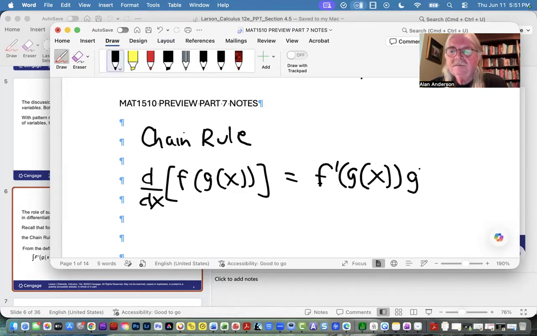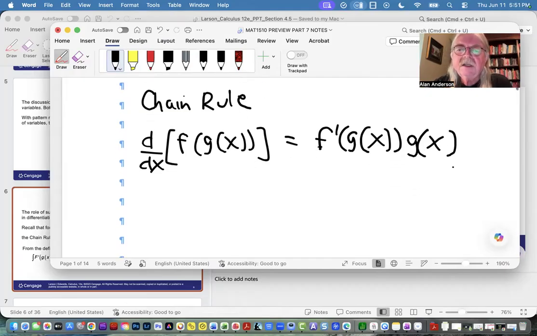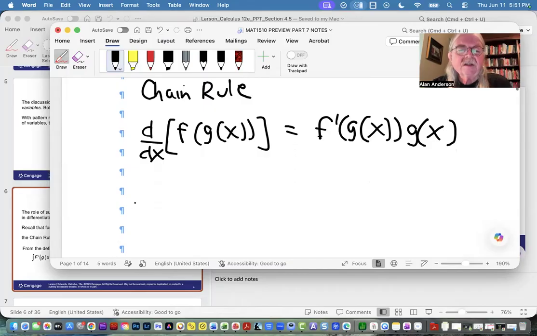The first thing I want to do, though, is quickly review what composite functions are all about. If you see something like this, it means that f is a function of g, which is in turn a function of x. You also could define, equivalently, something like this.